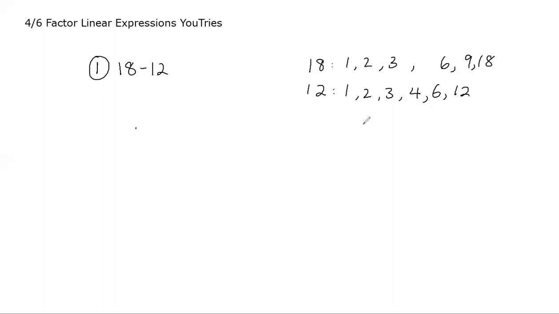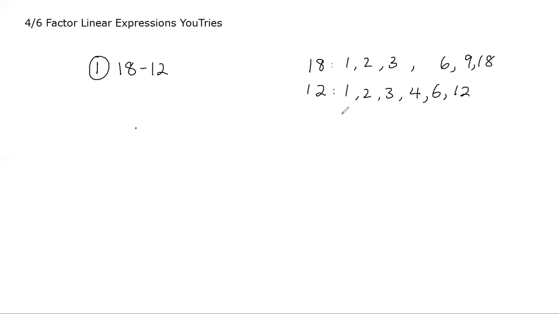So you know when to stop once you go up to a certain point. So 1 is 18, 2 is 9, and then 3 is 6, 4 doesn't work, 5 doesn't work, then you move up to 6. Once you get to a number that's already on your list, you know that you've covered all the factors.